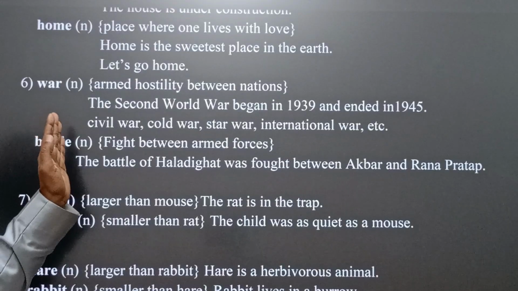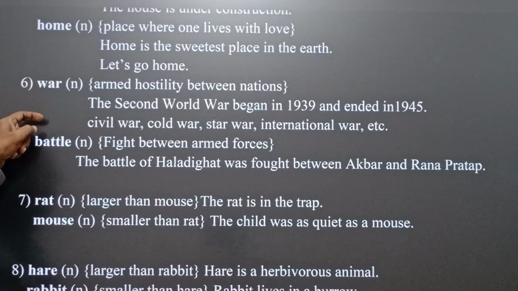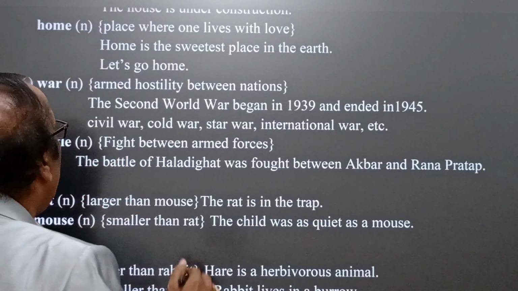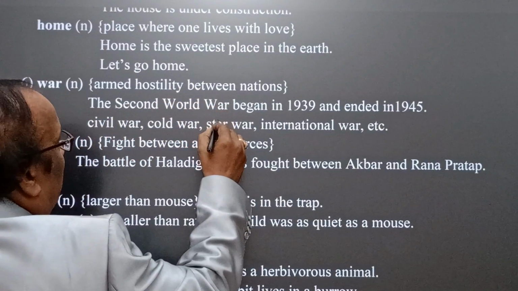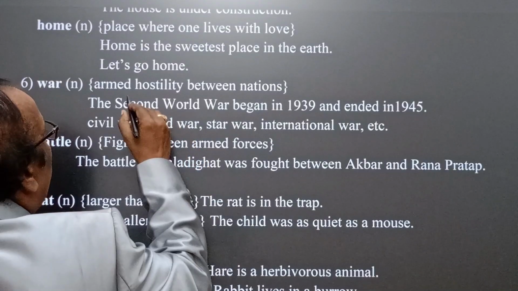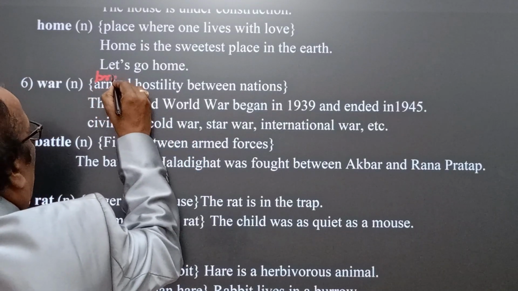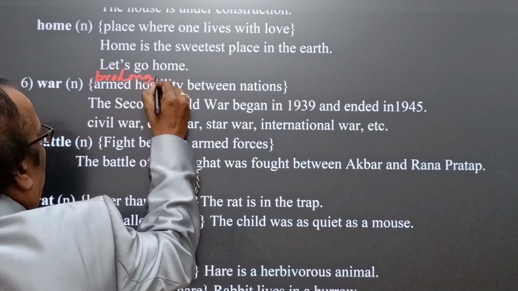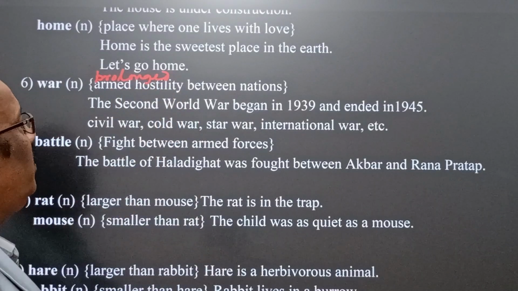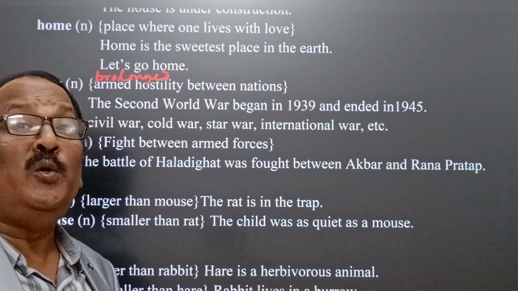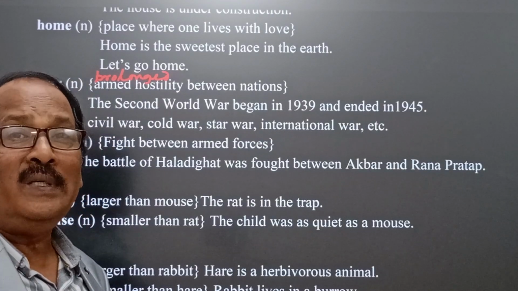Students also find confusion between war and battle. Then what is war? War is armed hostility between nations. It is prolonged, a longer period of armed hostility between nations, where a number of nations are usually involved.